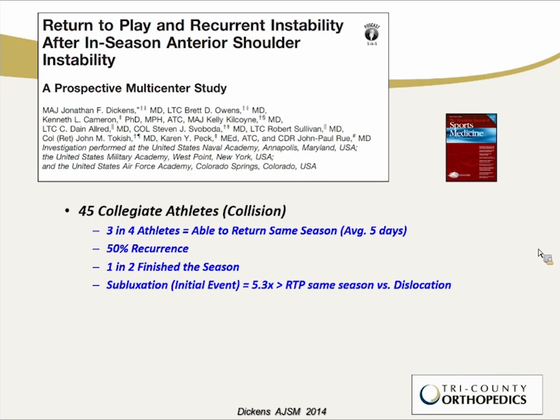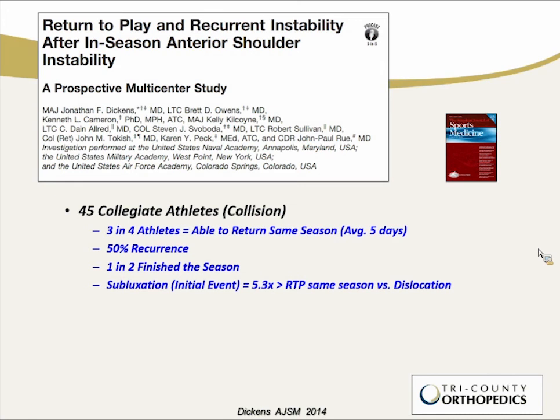When he had good range of motion, pain-free, lack of apprehension, and good strength, he went back. Overall, he was able to get three out of four athletes back in the same season, on average in 5 days. Of those that went back, 50% reported a recurrence, and 1 out of every 2, so 50%, actually finished the season.